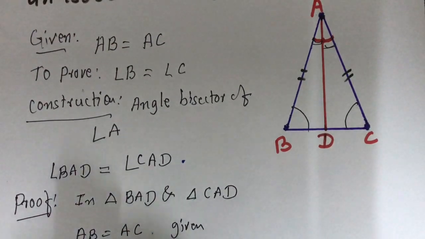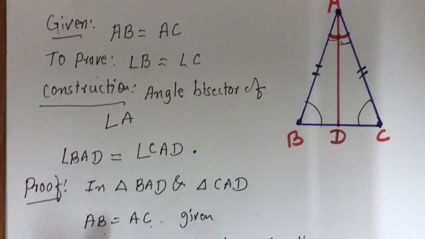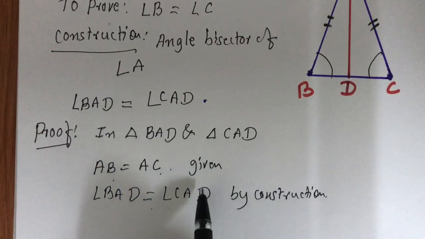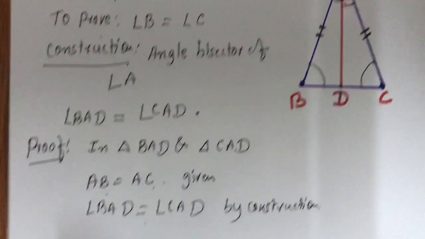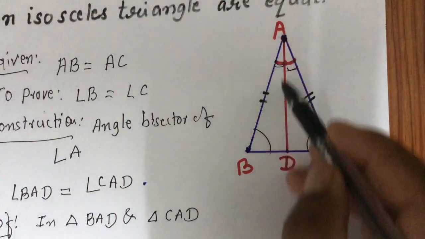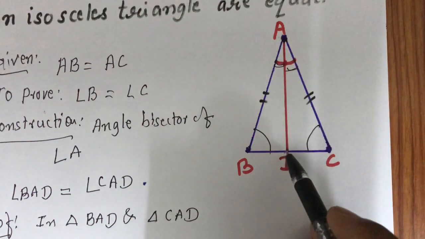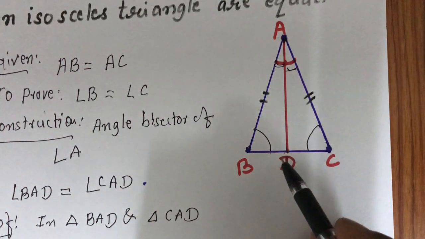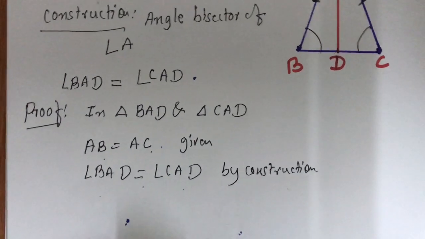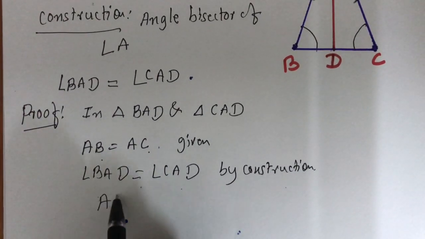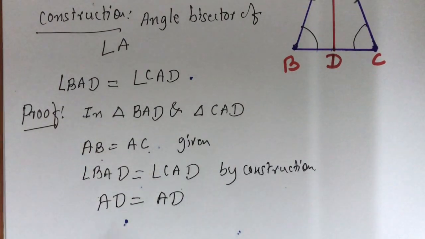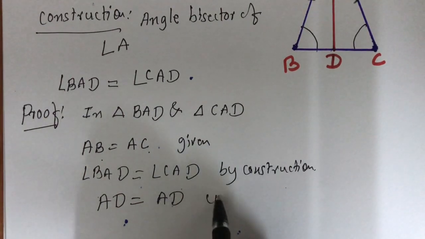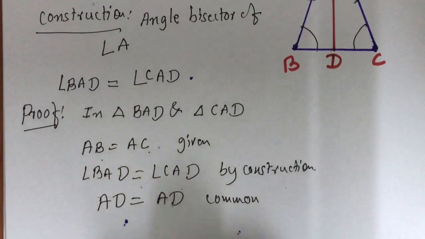So AB equal to AC, angle BAD equal to angle CAD by construction. Another side we are having equal. You can see here AD equal to AD. So we shall write AD equal to AD, common side.